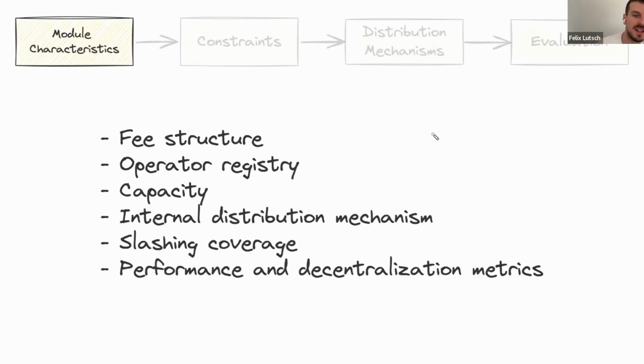There's also the operator registry, which is essentially which operators are actually whitelisted in the specific module. In the curated module, this evaluation is done through the onboarding waves and the work that the NOCC is doing. Once an operator is in there, they just have to add keys and are able to receive ETH from Lido.